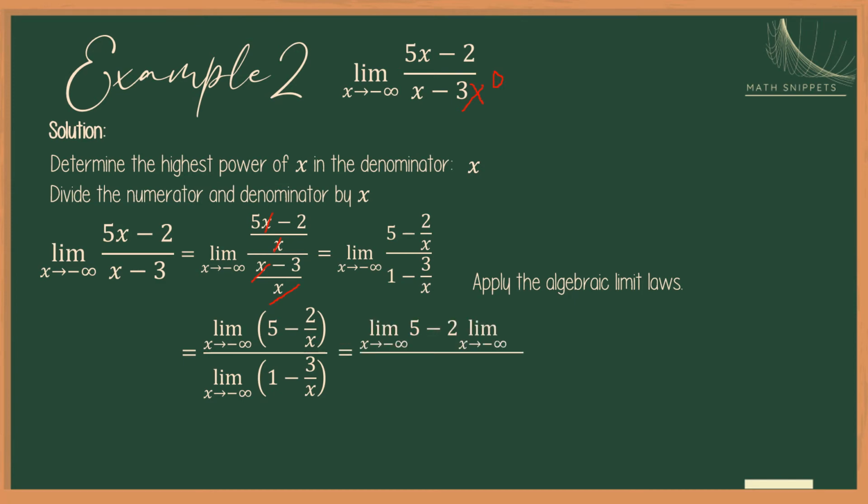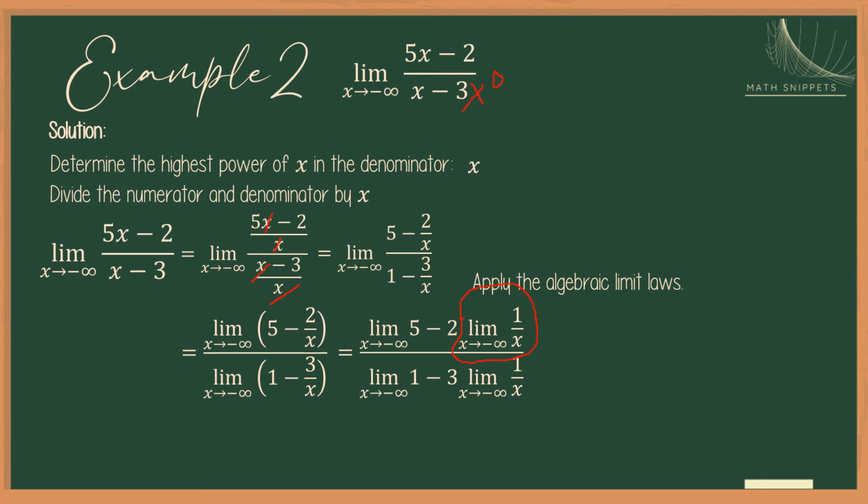So we have the limit of 5 minus 2 times the limit of 1 over x. In the denominator, we have the limit of 1 minus 3 times the limit of 1 over x. Now we know from the illustration that this is a trivial case. The limit of 1 over x as x approaches negative infinity is 0. The limit of 5 is 5 since 5 is a constant.